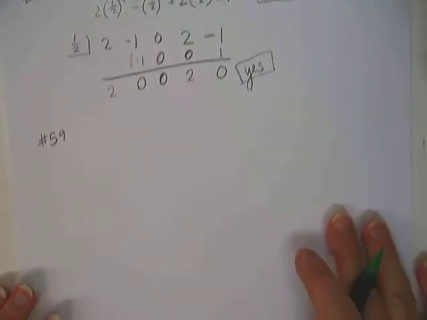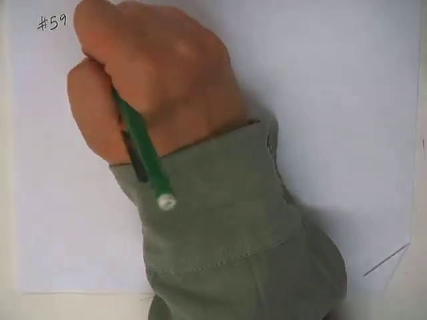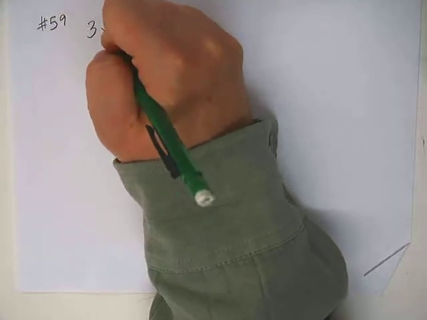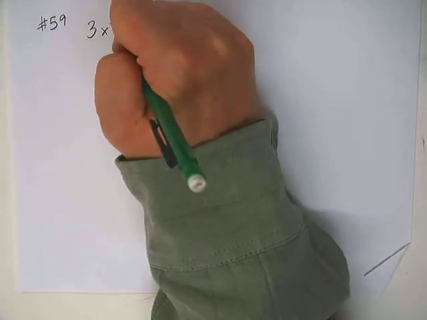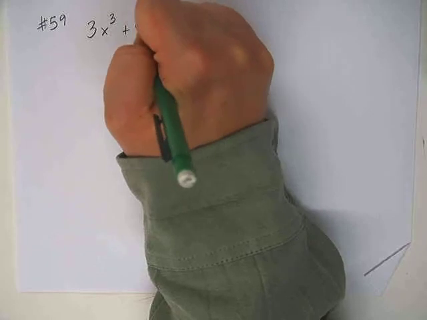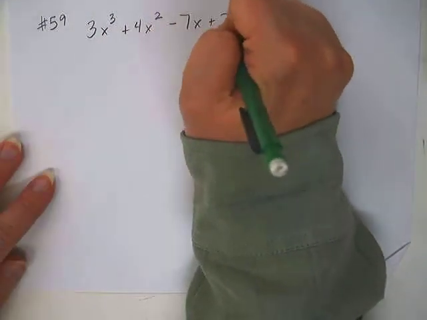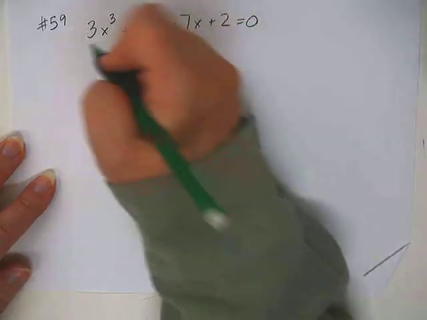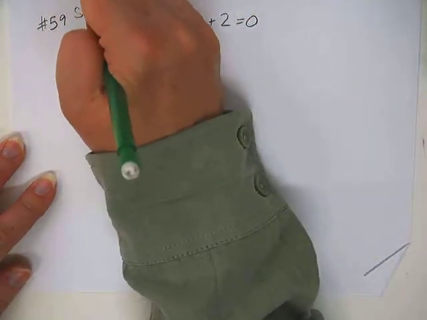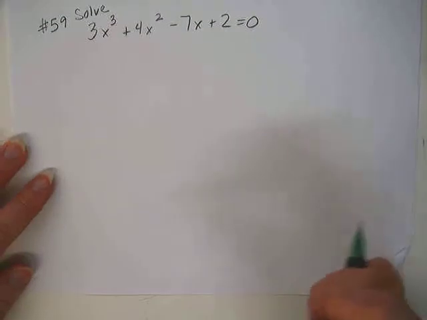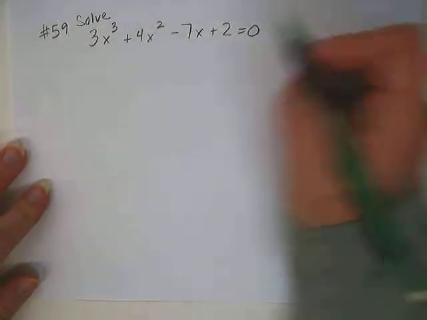Okay, the next problem in question is number 59, which says solve each equation. So 3x cubed plus 4x squared minus 7x plus 2 equals 0, and we are solving this.